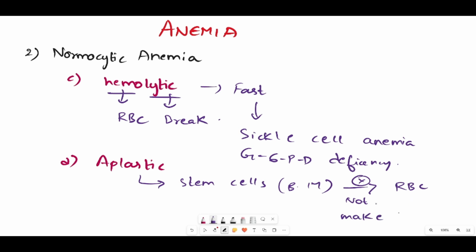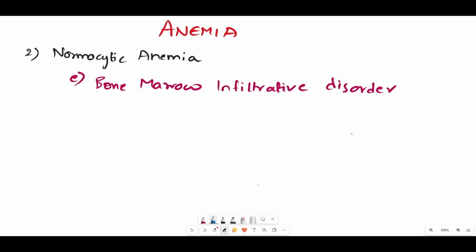Aplastic anemia occurs when the stem cells in our body which are present in the bone marrow are not able to make a sufficient amount of RBC. It is a result of the body's immune system attacking the bone marrow stem cells. There is one more type, which is bone marrow infiltrative disorder.